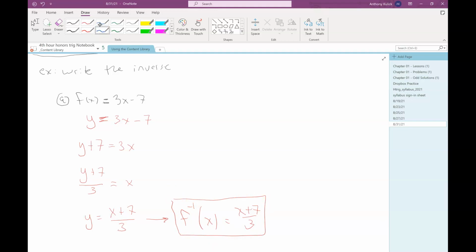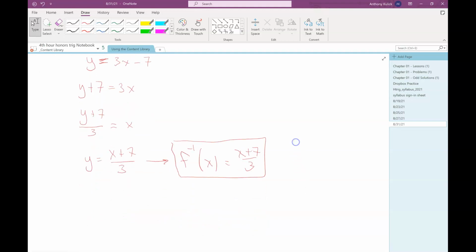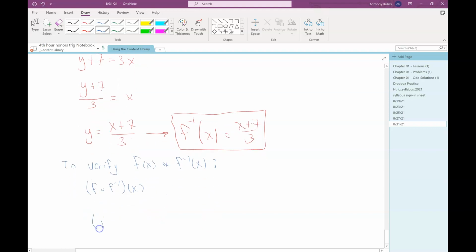If we're asked to verify that these two things are indeed inverses, what we need to do is show that f compose f inverse of x is equal to x, and that f inverse compose f of x is also equal to x.